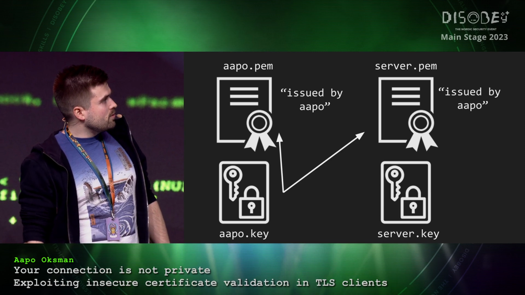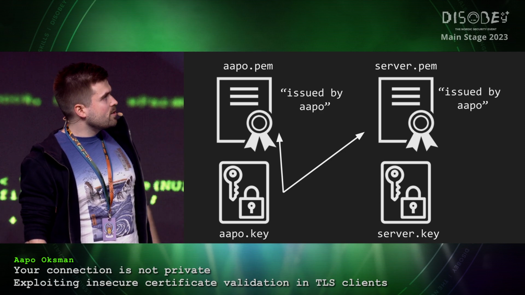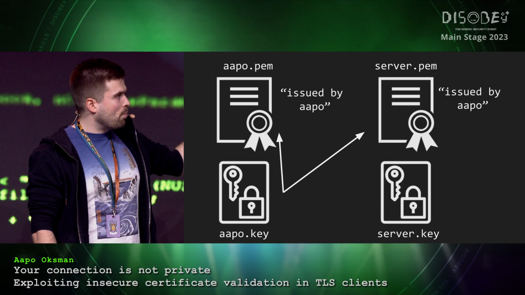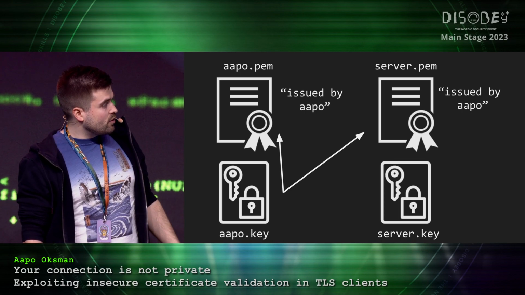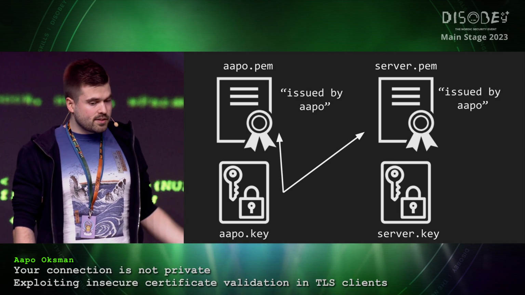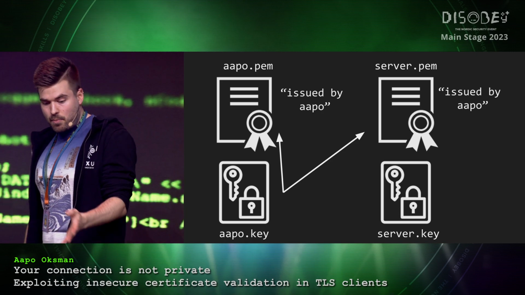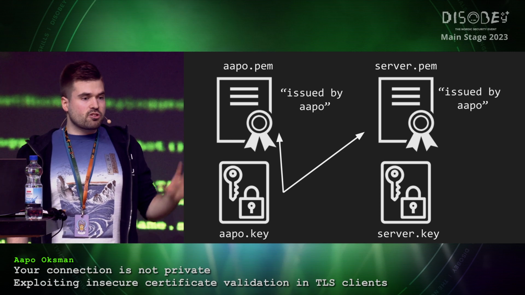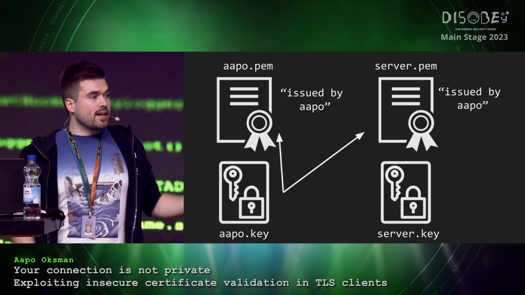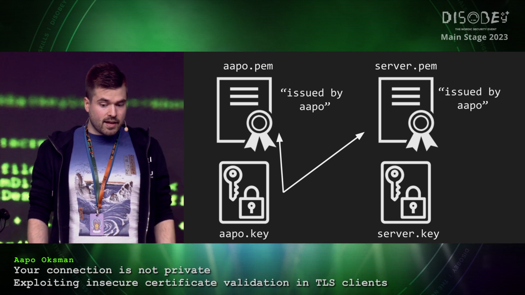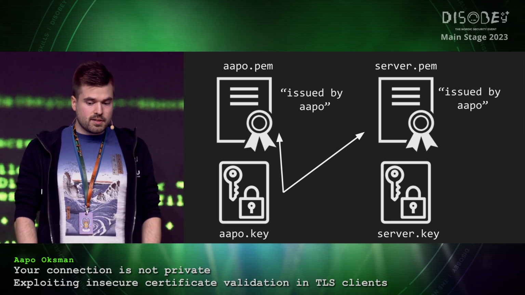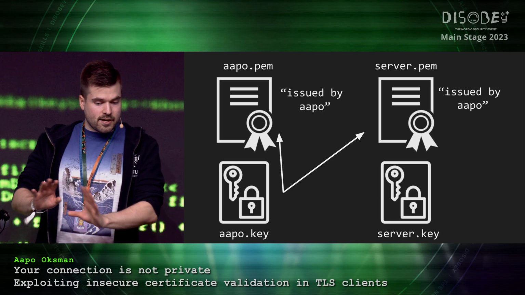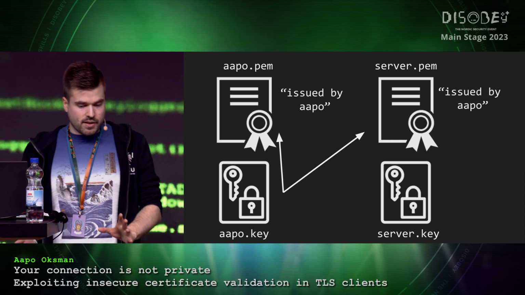So we have the aapo.pem issued by Aapo, and it's signed by Aapo. And then you have the server certificate that is also issued by Aapo, and it's signed by Aapo. So if I really trust the server, I can give it a certificate that, hey, you are a server signed by Aapo. And the server has its own key that it can use to prove that it is actually the server.